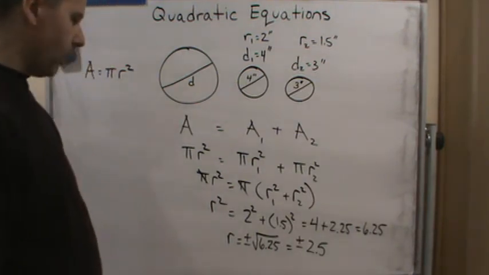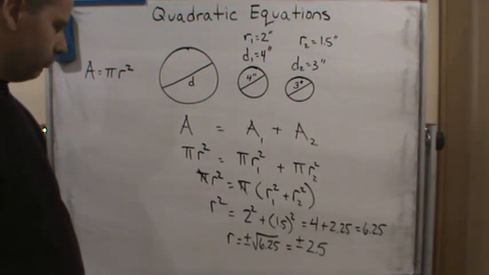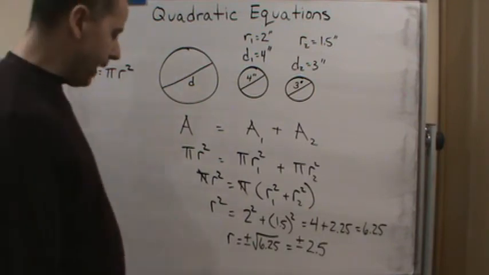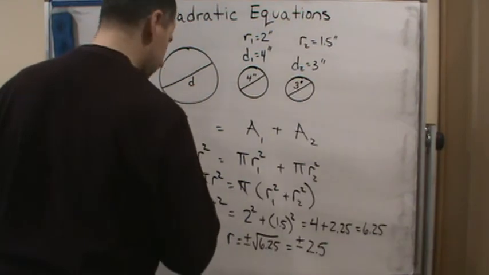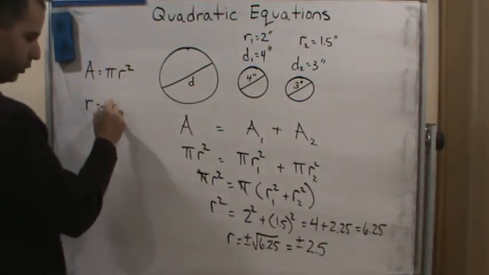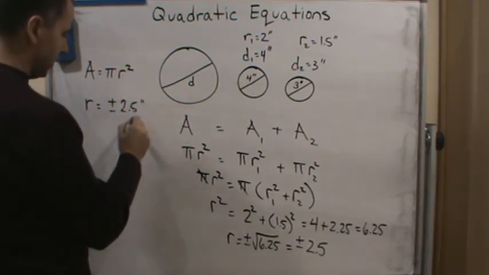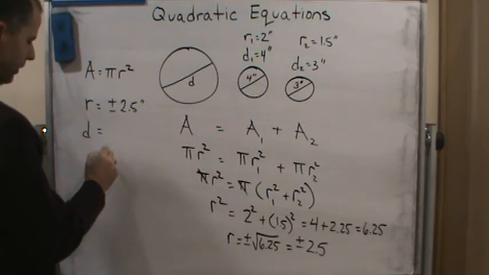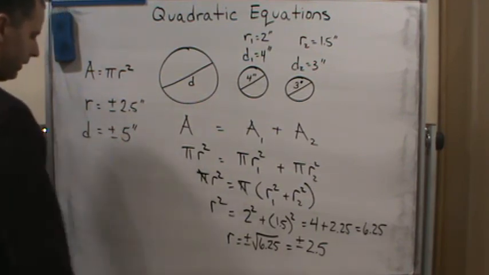Okay, and so that means r is equal to plus or minus 2.5 inches, which means the diameter is going to equal plus or minus 5 inches.